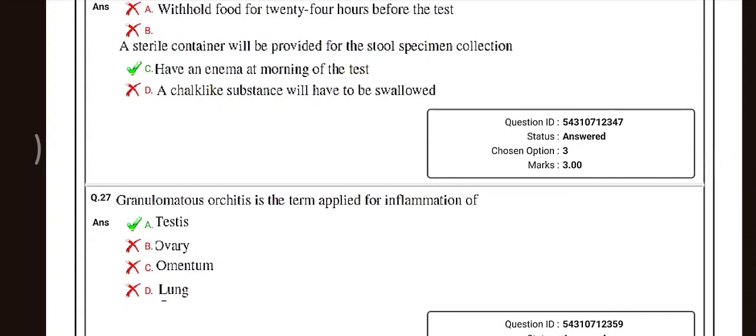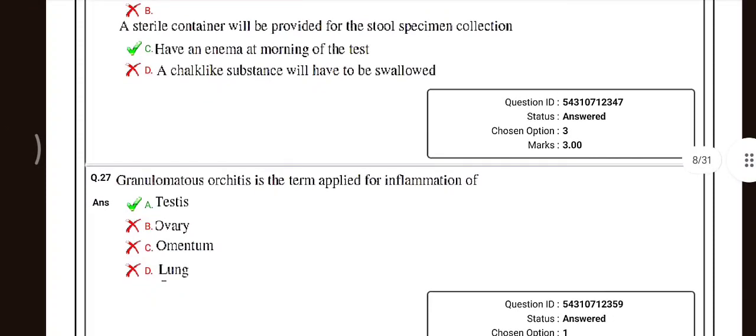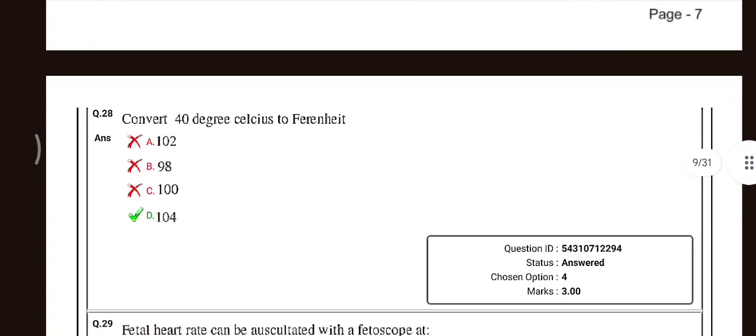Orchitis is the term applied for inflammation of the testis. Convert 40 degrees Celsius to Fahrenheit using the conversion formula; the answer is 104.